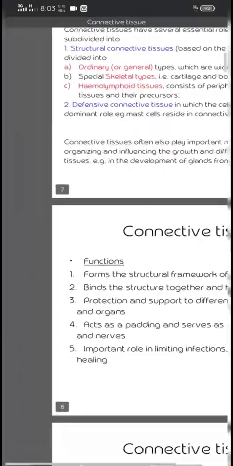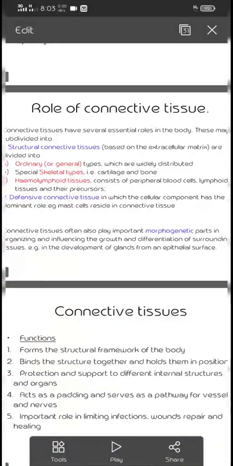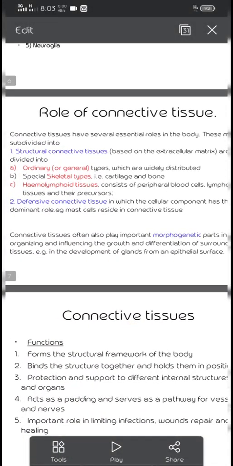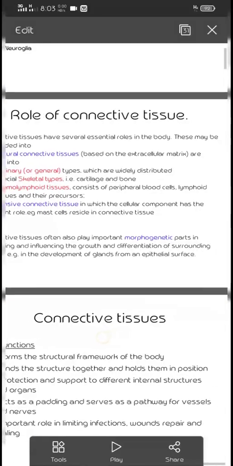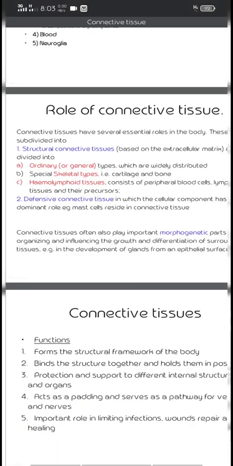So let's talk about the role of connective tissue. Connective tissue has several essential roles in the body. These may be subdivided into these roles.